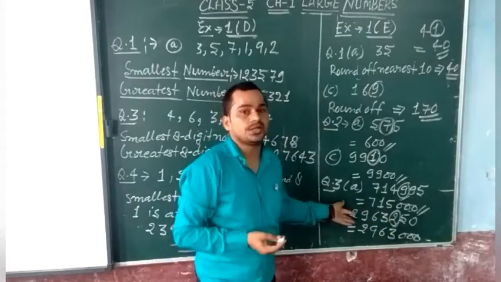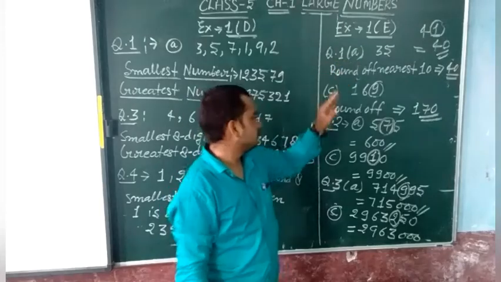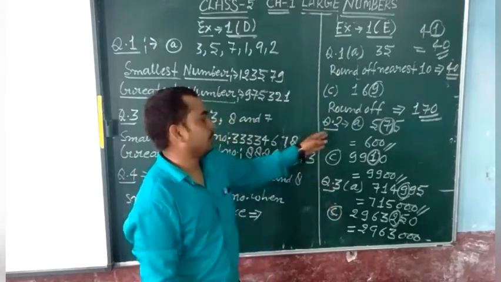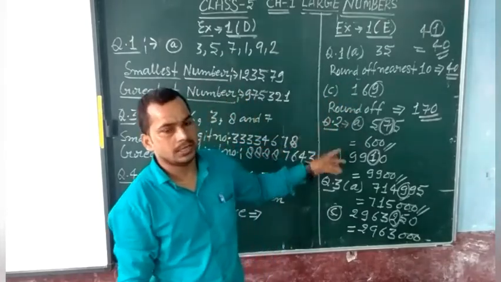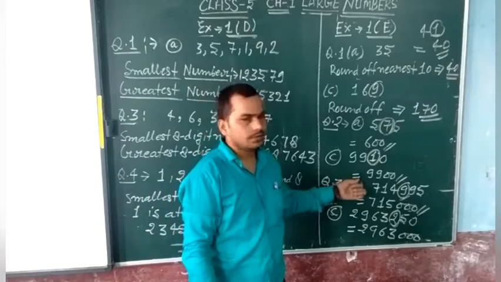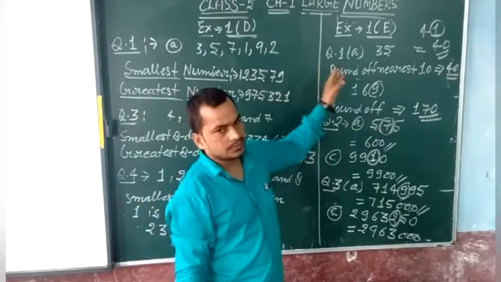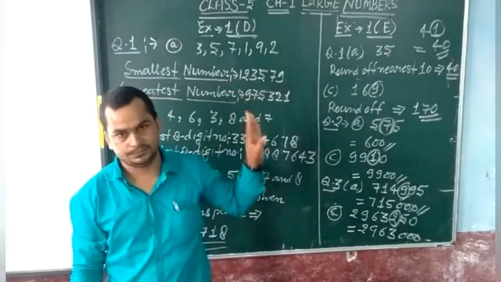So these are the estimations of rounding to the nearest 10, 100, 1000. The same rules are applied for 10,000, lakh, 10 lakh, crore, and so on. So this is the explanation of exercise 1E.